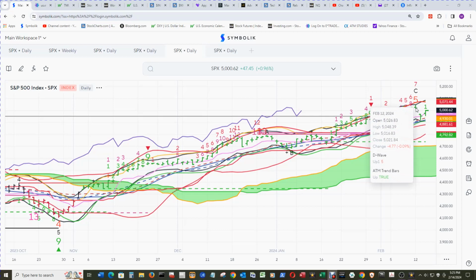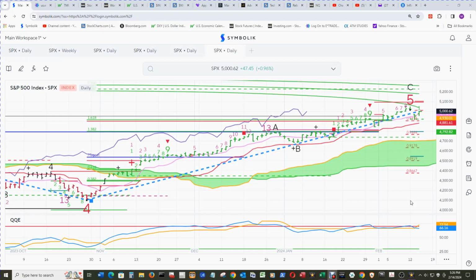So get past that 5016.83 gap zone, start moving up. There's room to move about up to 5070 or so. And the arc levels from the downside were all negated and used up.